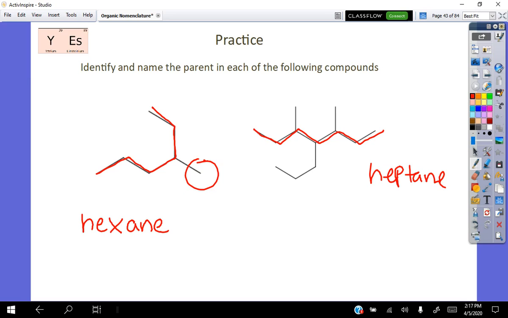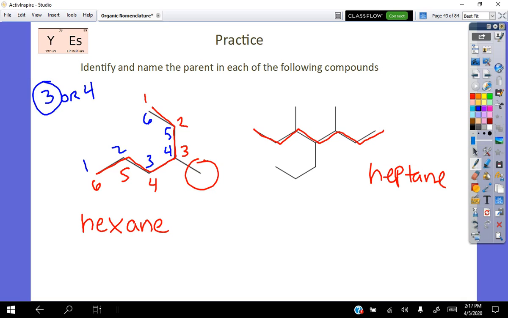So if we go back to our hexane example, I know I could number in this direction from top down to bottom, or I could number in the reverse direction. Now, there's only one branch on this particular hexane chain, and my options are looking at having that branch on 3 or on 4. Remember, I want to go with the lowest number.